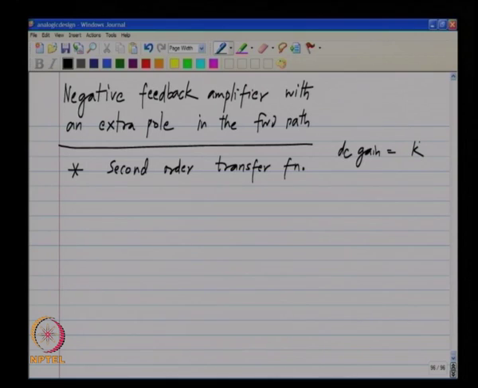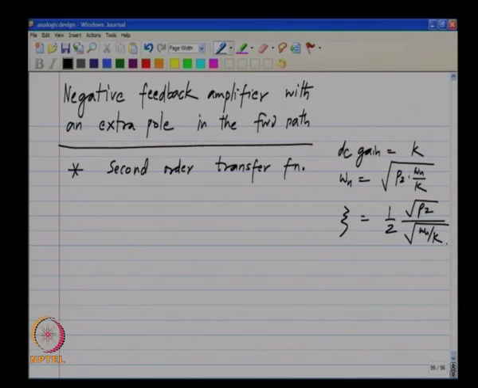It is the ideal value, and the natural frequency of this is square root of P2 times omega u by k, and the damping factor is half the ratio of P2 by omega u by k and the square root of the whole thing. Okay.